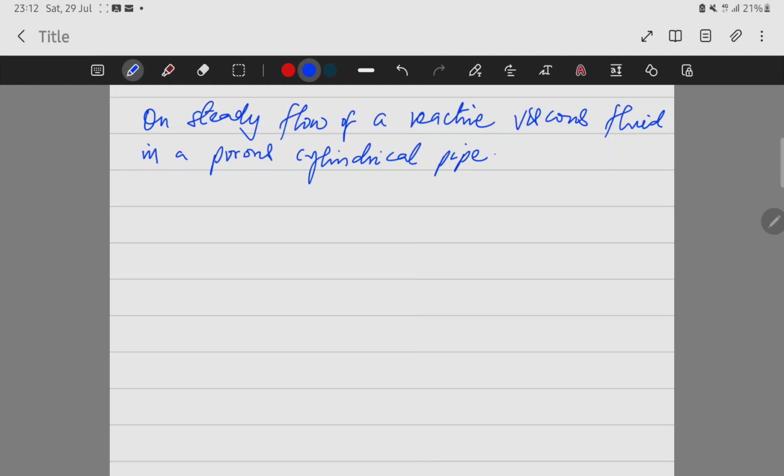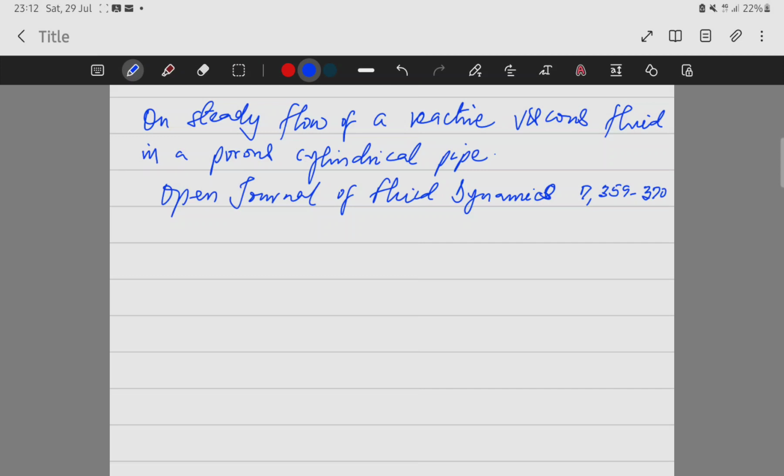The paper was published in Open Journal of Fluid Dynamics, volume 7, pages 359 to 370. So one can download that paper online, Open Journal of Fluid Dynamics.